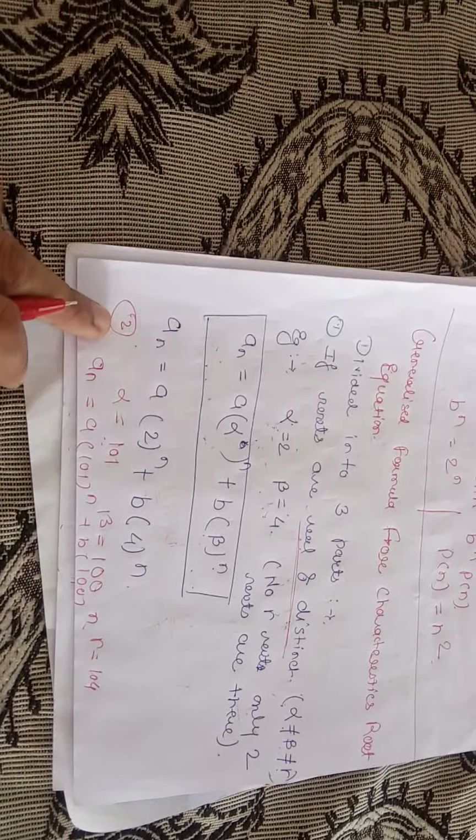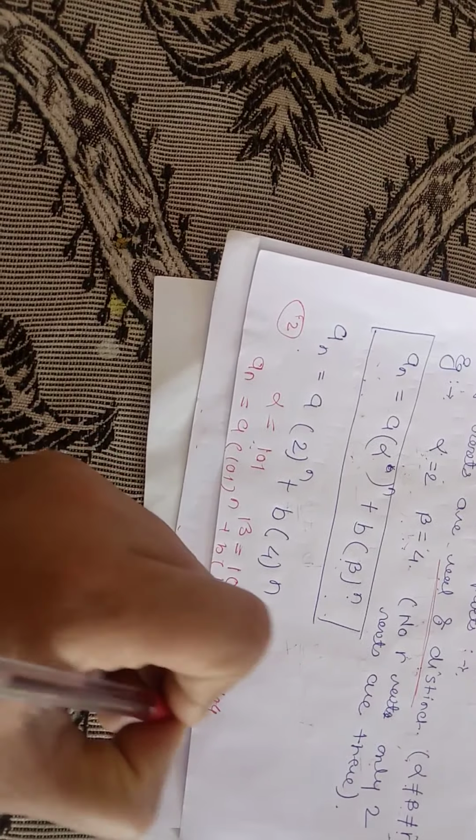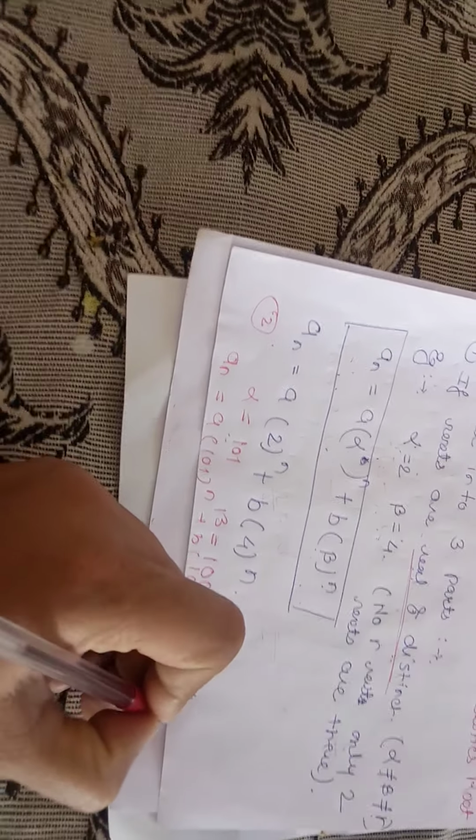So what is my resultant equation for this? The generalized equation is a of n is equal to a of 101 to the power n plus b of 100 plus c of 104 to the power n. I am adding the gamma value here by putting c into 104 to the power n. Fine. So this is my first part of the roots, that is, roots are real and distinct.